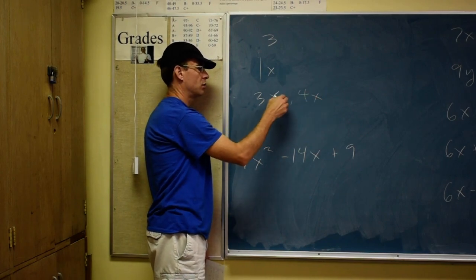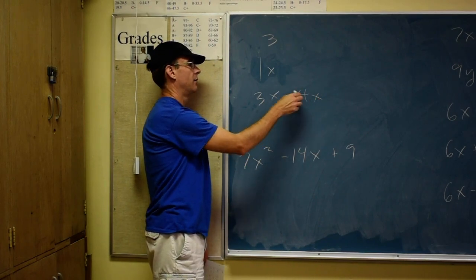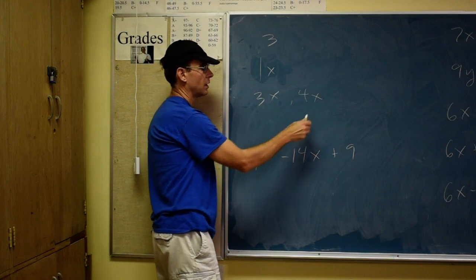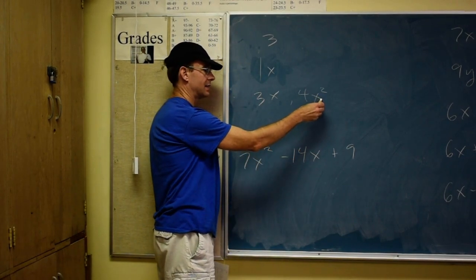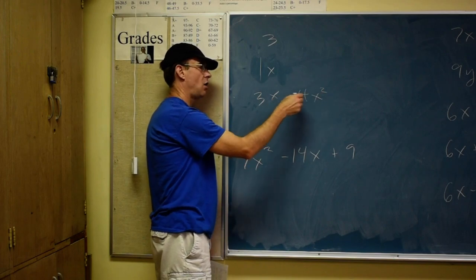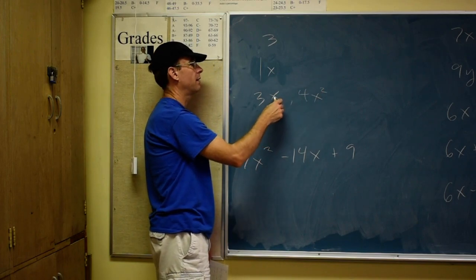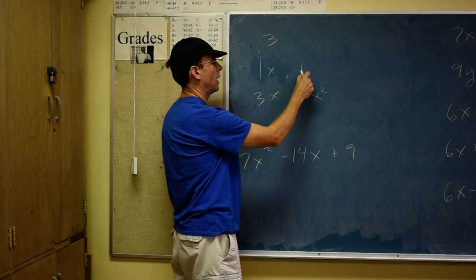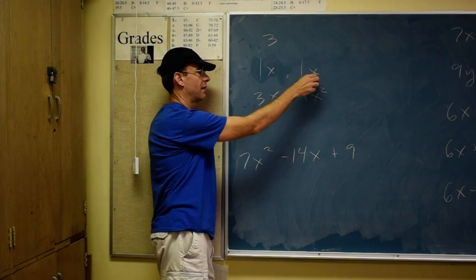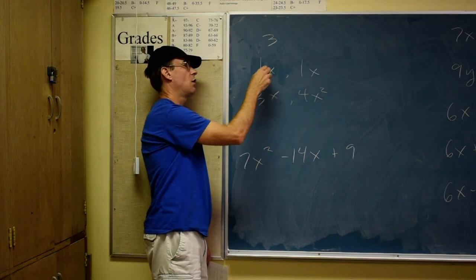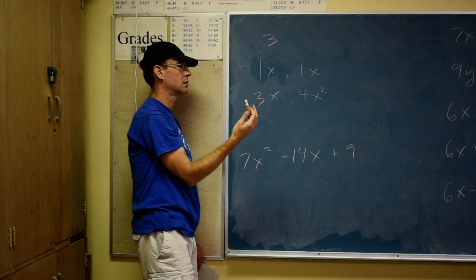But the variables have to be the exact same thing. So if I went like this, those are now unlike, because this x is squared, this x is not. Those variables are a little bit different. If I threw 1x and another 1x, those are like terms, because they both have the same variables. If the coefficients are the same too, who cares?